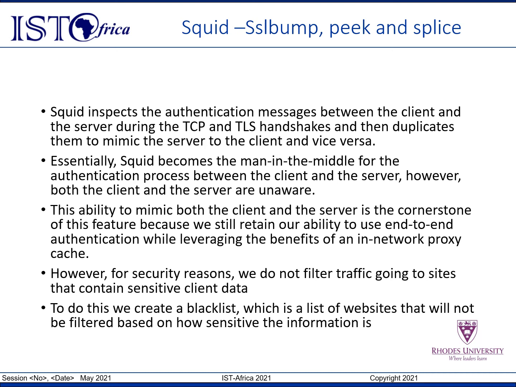So if our cache is effective, which is an integral part of the model, it means that we can save more data and our network can be more efficient, and we also limit bandwidth usage on the uplink, or the link to the internet.